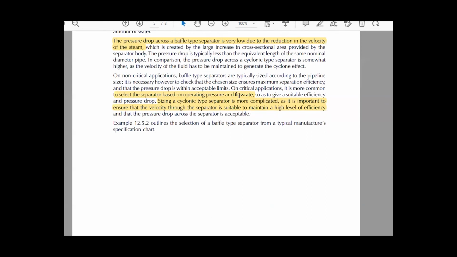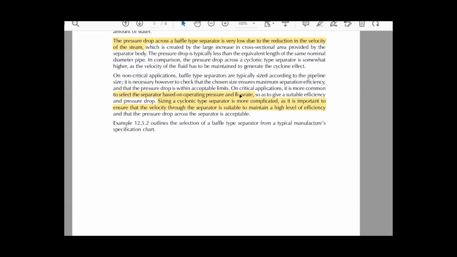I will talk about the information that I will use a baffle plate in a steam application when the steam velocity is 30 meters per second, and I will use cyclone and Holocene type steam separators when the velocity is less than 30 meters per second. What if the steam velocity is 50 meters per second?